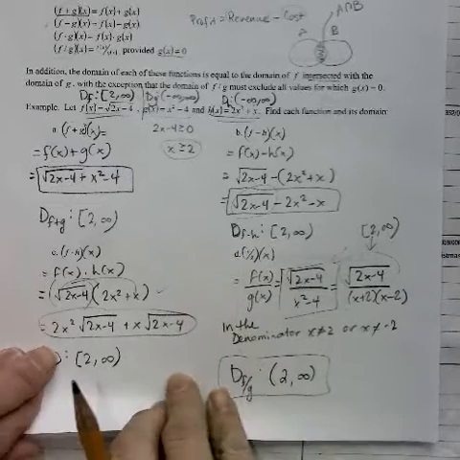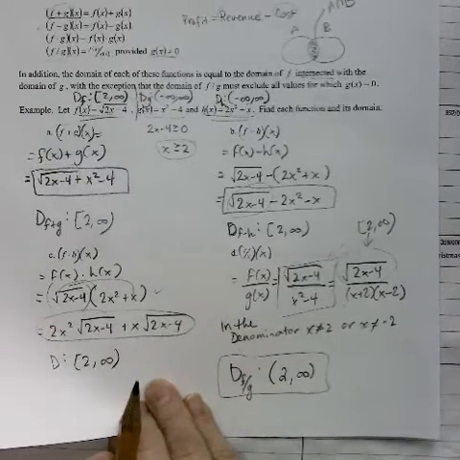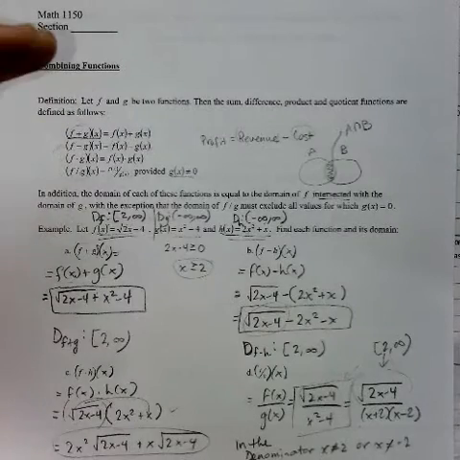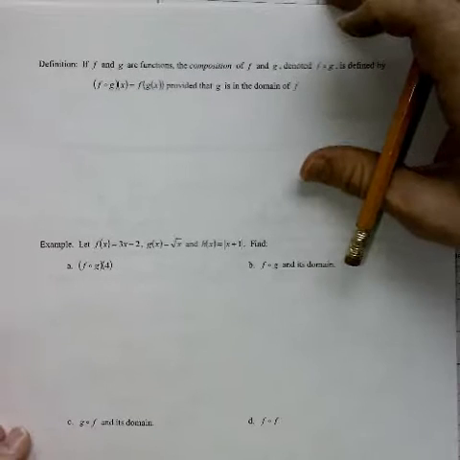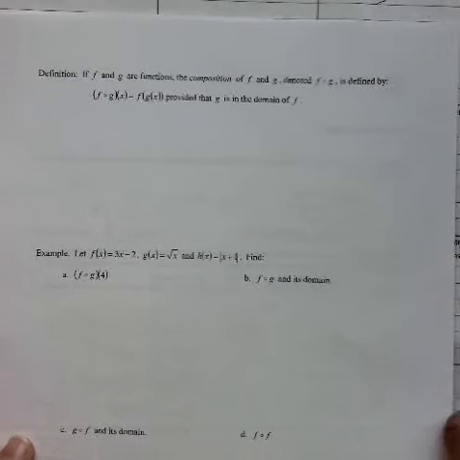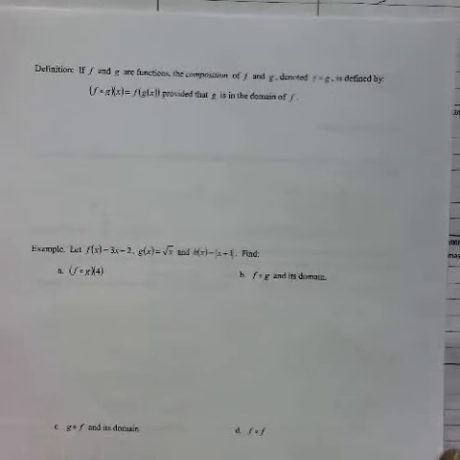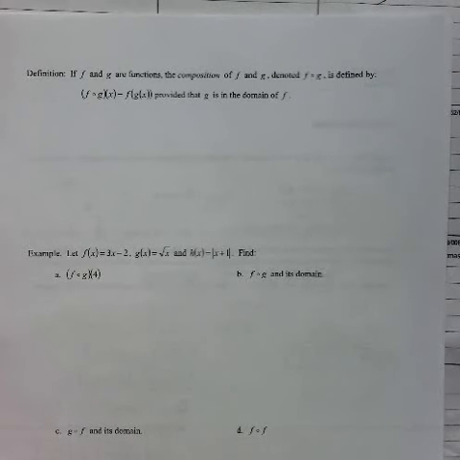Alright, so that's our algebra of functions with our 4 basic operations. Now we're going to look at a 5th way to combine functions, and this is called the composition of two functions. We can compose more than two functions. When we're composing functions, we're basically putting one function in as the input into another function.